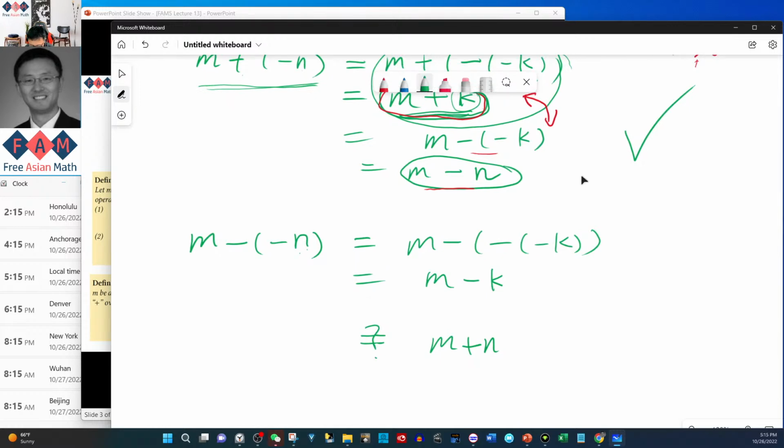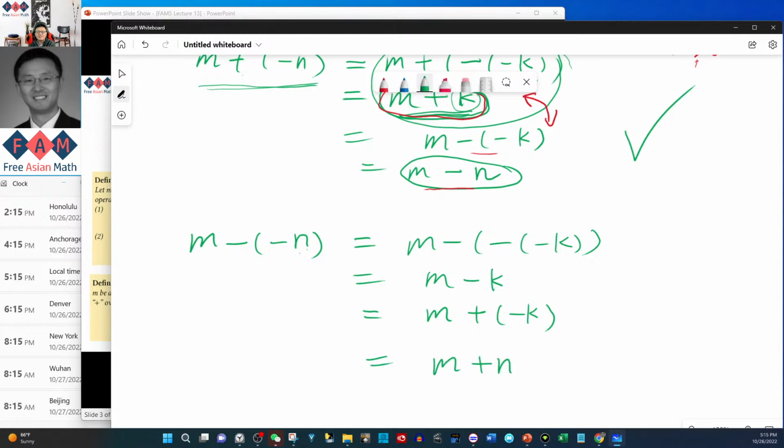Because now n is negative, this is nothing but m plus negative k. So, if we want to really show this is m plus negative k, and this is m plus n.